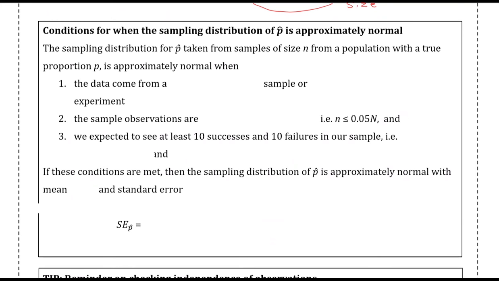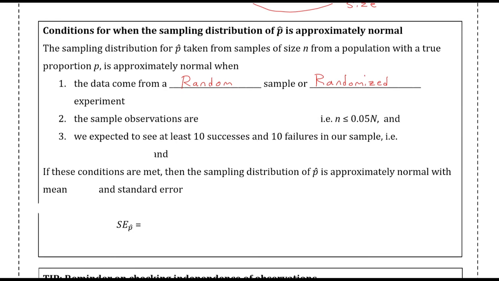The sampling distribution for p hat taken from samples of size n from a population with a true proportion p is approximately normal when the data comes from a random sample or randomized experiment.